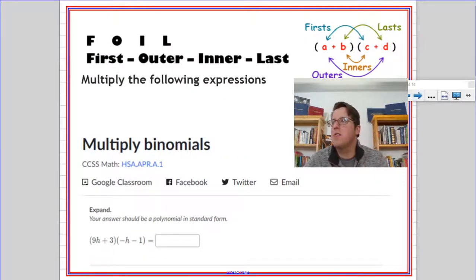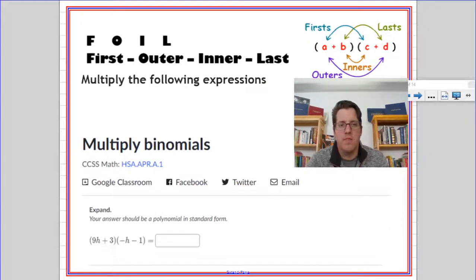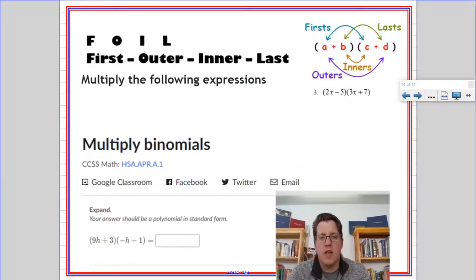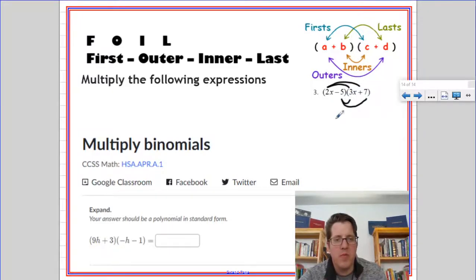The other activity is using things that are more complicated. Oops. Sorry, gang. So something like this. 2x squared minus 5 times 3x plus 7. It's still a binomial because there are still two things in each one, so we can still FOIL. It's just a lot more complicated when it comes to the numbers.